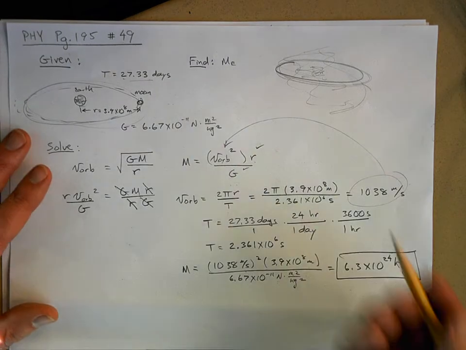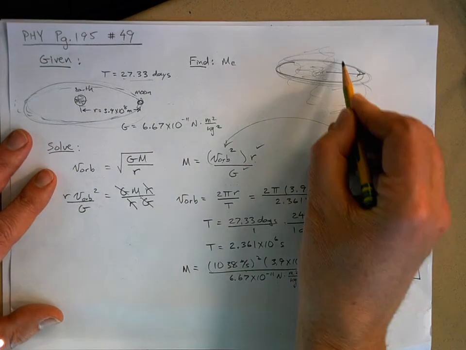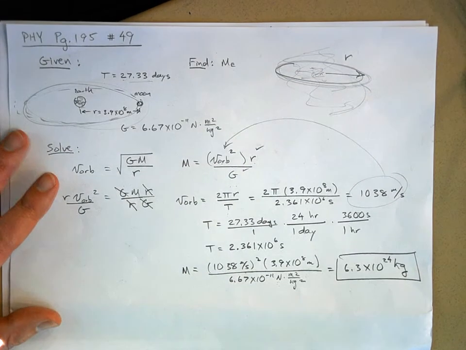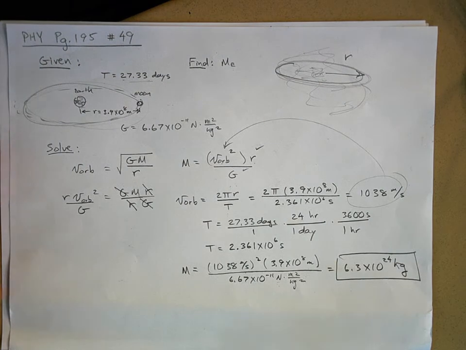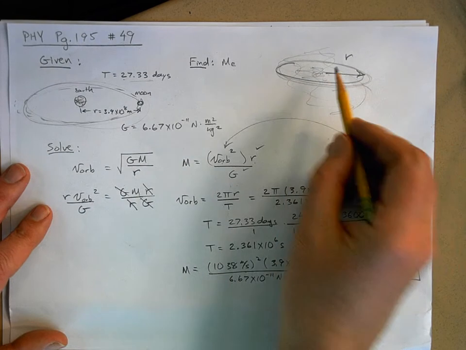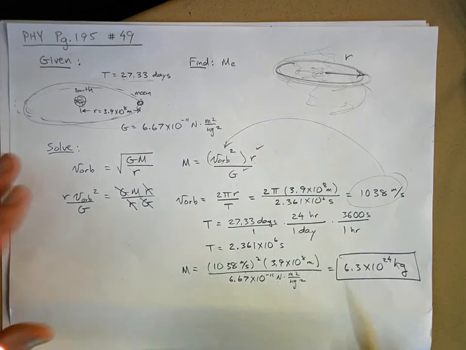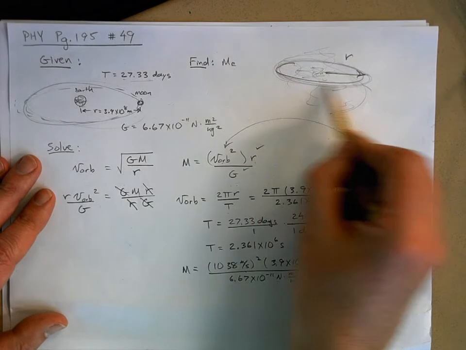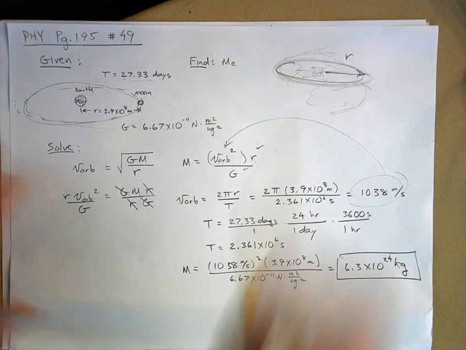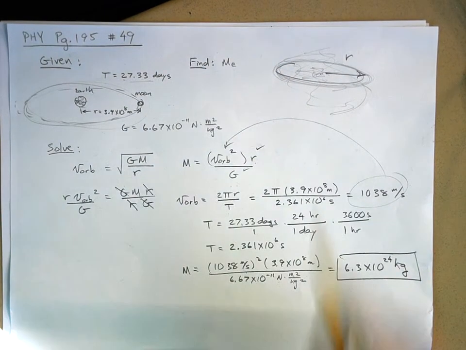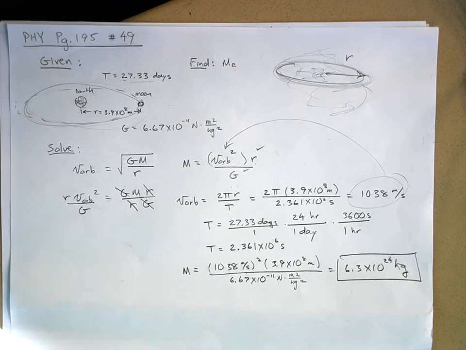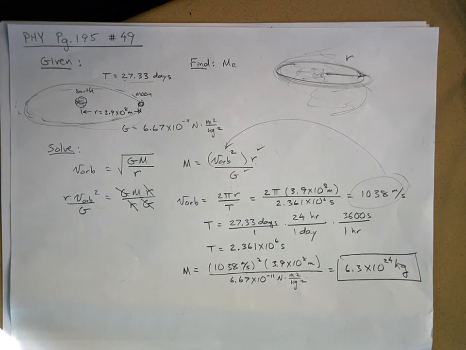If you can estimate the radius of that, and we can do that if you know how far away the star is, you can figure out what r is. And if you measure how much time it takes that star to go around this empty space, you can figure out what the mass is of that missing object. And that's how we figure out the mass of black holes.